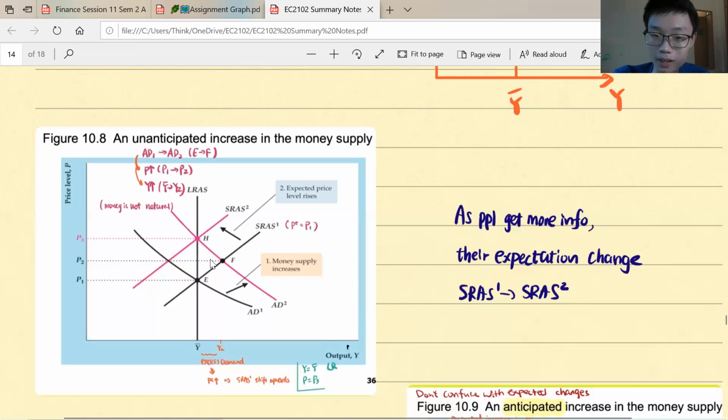The excess demand will cause the price expectation to rise. When the price expectation rises, then the SRAS will shift up. It will shift up until Y is equal to Y bar and P is equal to P3.